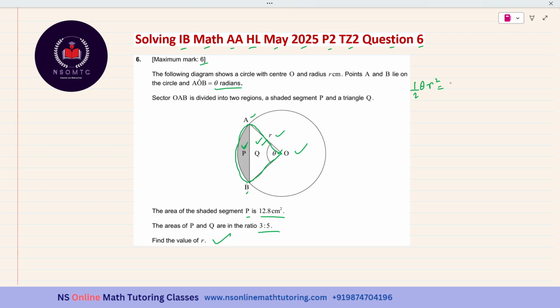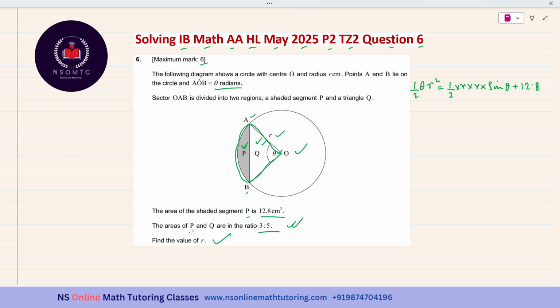The area of the triangle will be half times r times r times sine of the included angle, sine theta, plus the area of the segment, which is 12.8. So this is one of the equations. We have two variables, theta and r, so we need two equations to solve, and the other equation will come from this information.